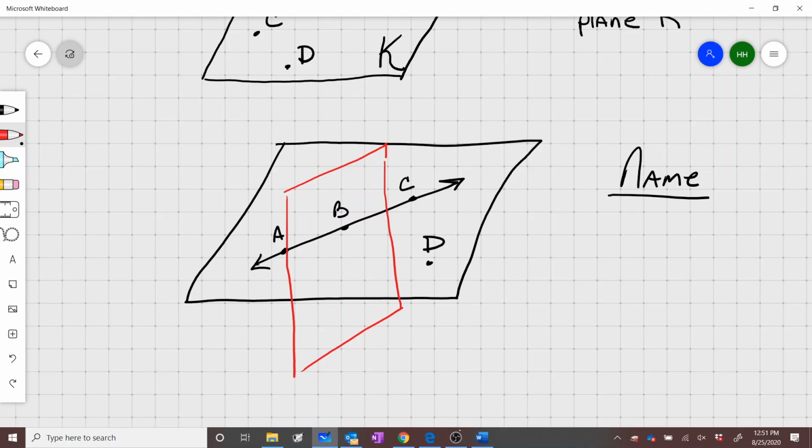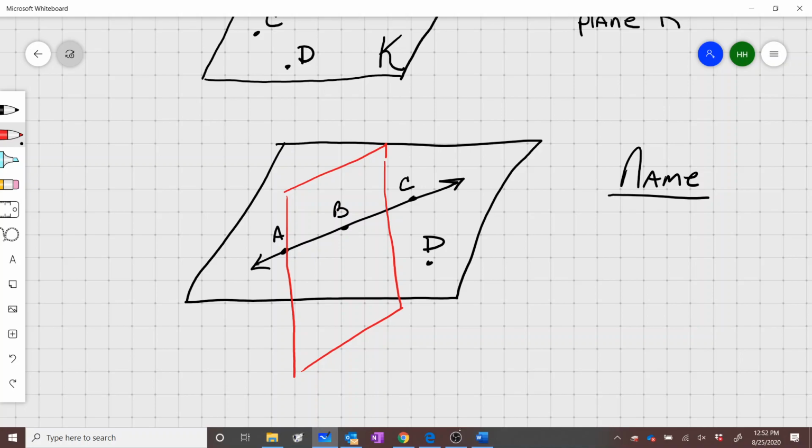Do you see that? Where 2 planes intersect, it creates a line. So if you were to name the original plane ABC, we don't know if you're talking about the black one or the red one, because both of those planes run through that line.